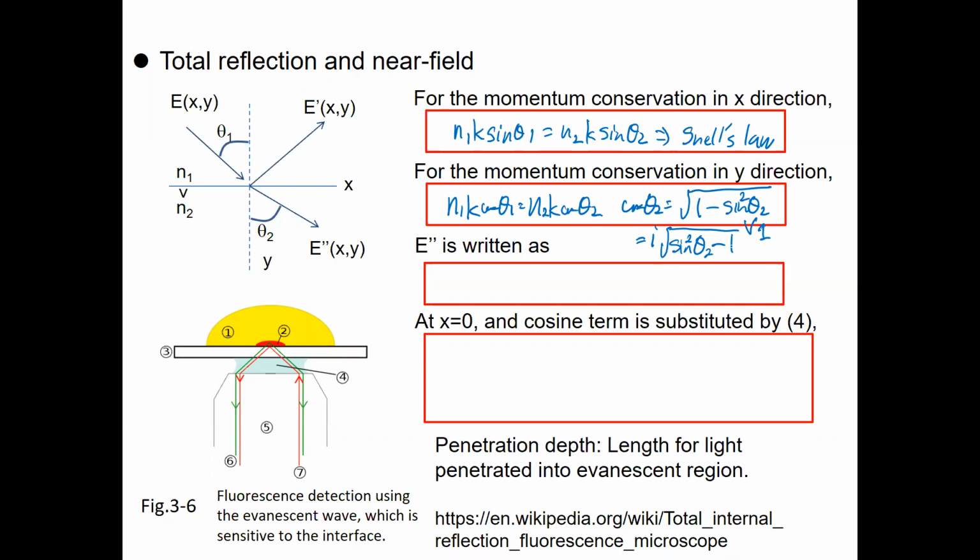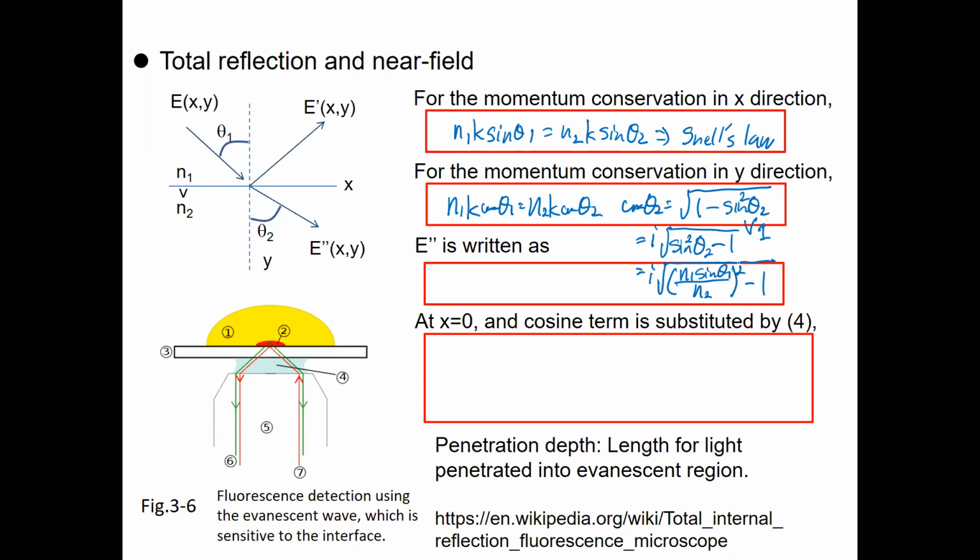And by using Snell's law, it can be written as the square root of n2 over n1 sine theta 1 squared minus 1.